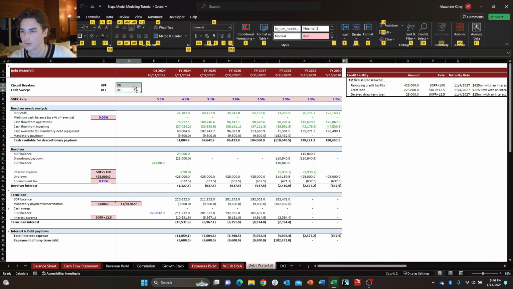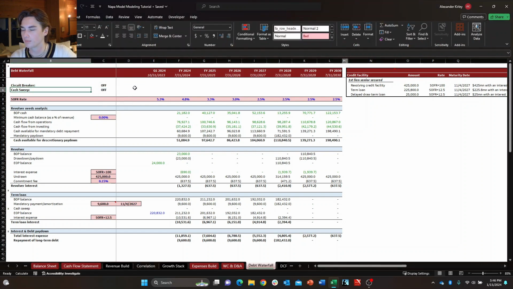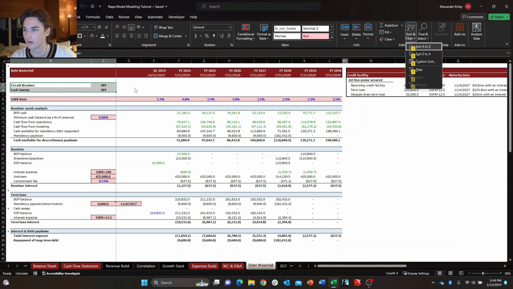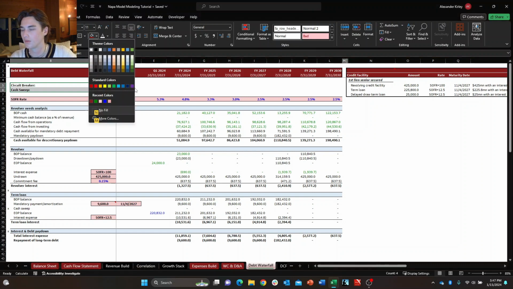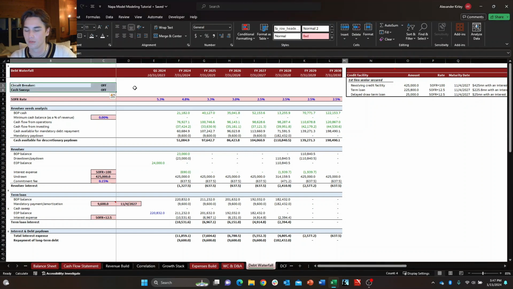Excellent. Make that white. Now we have both our circuit breaker, make this a different color. And ta-da!